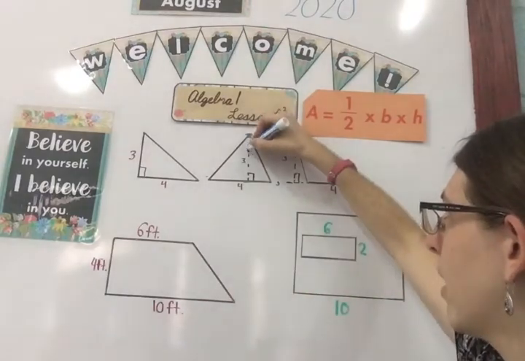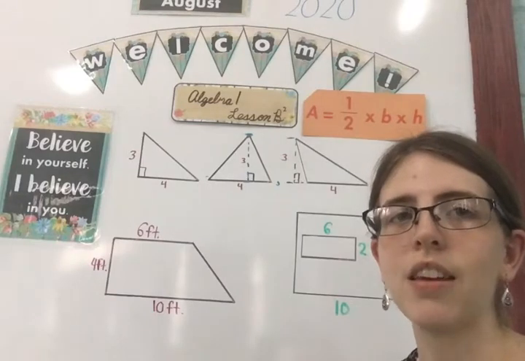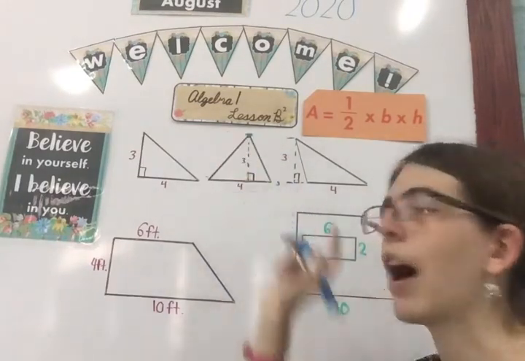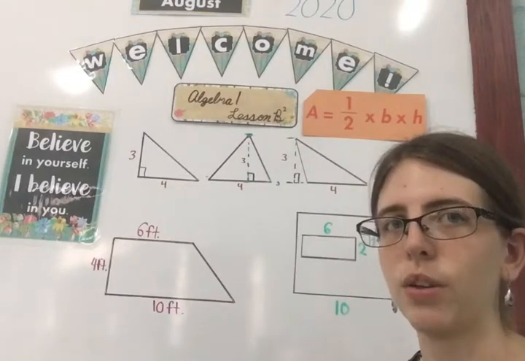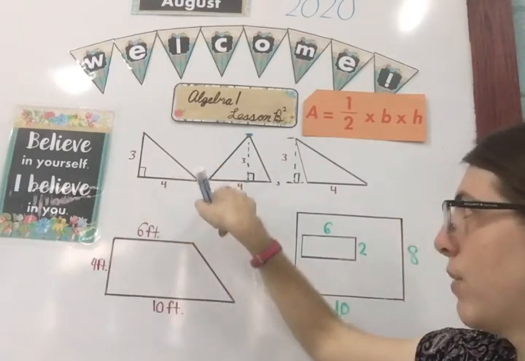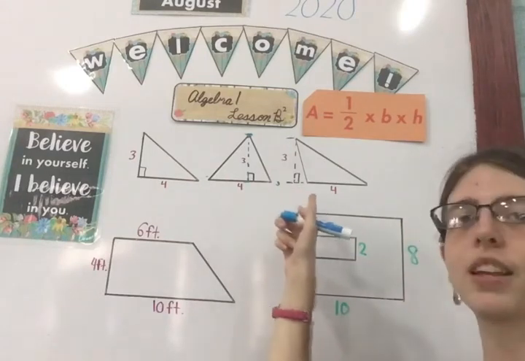So right here is your altitude. Not one of these sides, it's this point from the top to the bottom, perpendicular, straight up and down. That's your altitude. Since this is 3 and 4, and this is 3 and 4, you'd have the same measure.